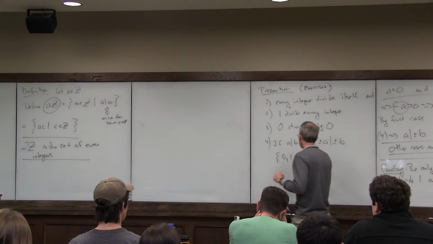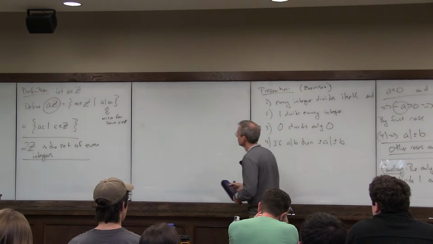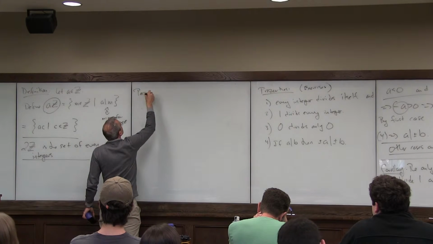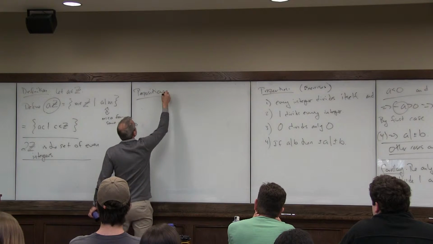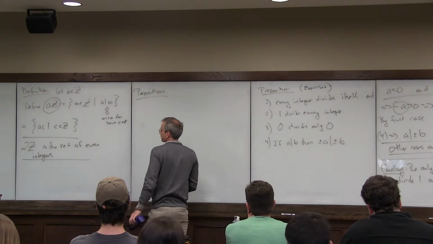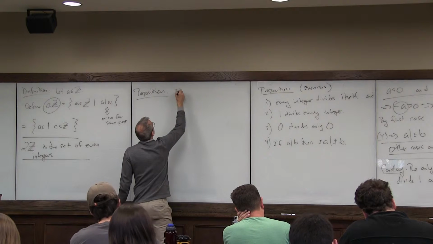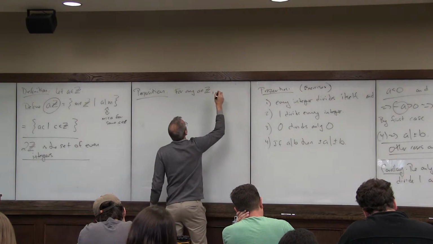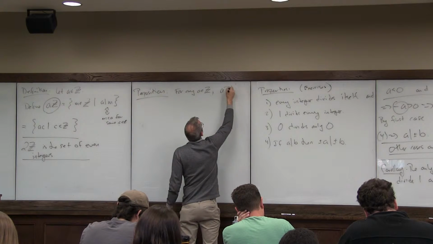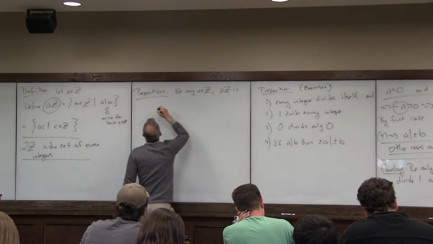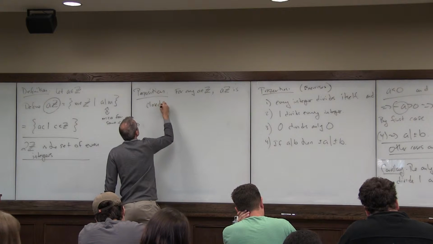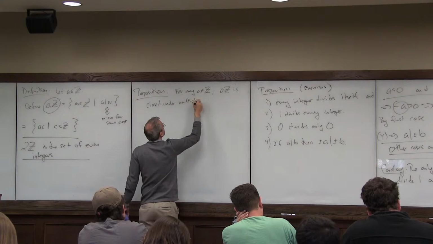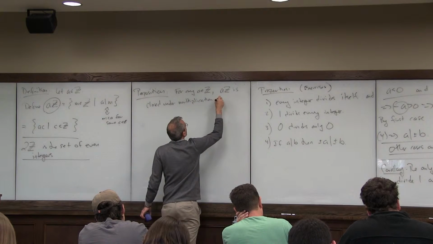So what we're going to now show is that this set that we've defined is actually closed under multiplication and addition. So for any A an element of Z, AZ is closed under multiplication and addition.